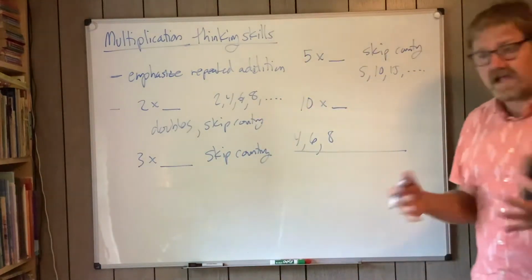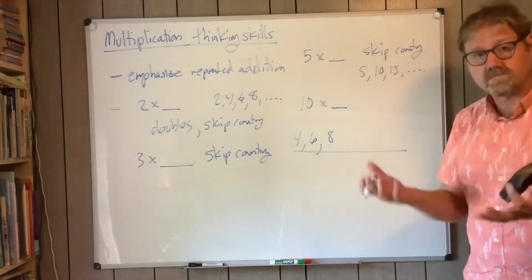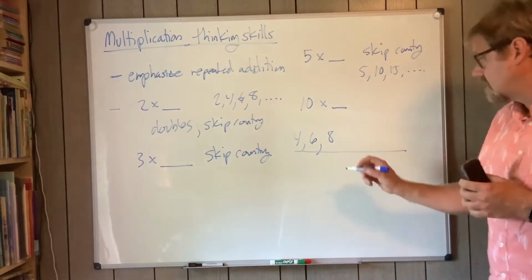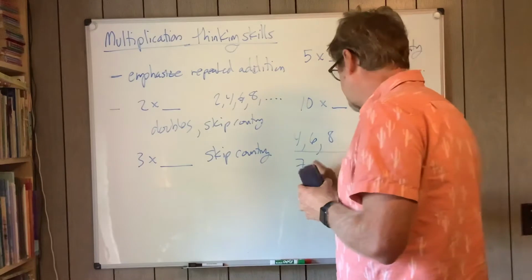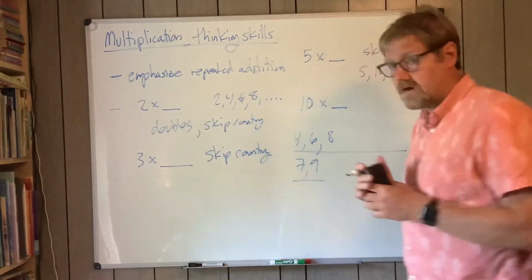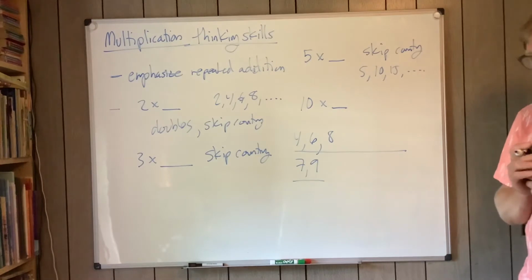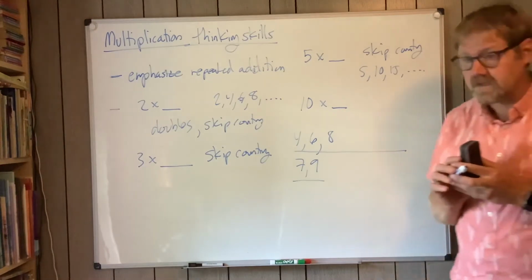Multiplying by 4, 6, and 8 are also in there quite a bit. You do some skip counting and so forth, and then the difficult ones are often 7 and 9, until you get into higher 2-digit numbers for things like that.